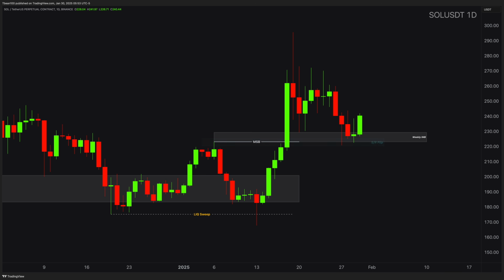What else can you see here? Yes, a natural support and resistance flip area, which is actually a breaker block in some sort of form. And also check this inner daily imbalance as well. Again, what does it all mean? It means that this is an extremely strong area where the price may react. Again, as simple as that.